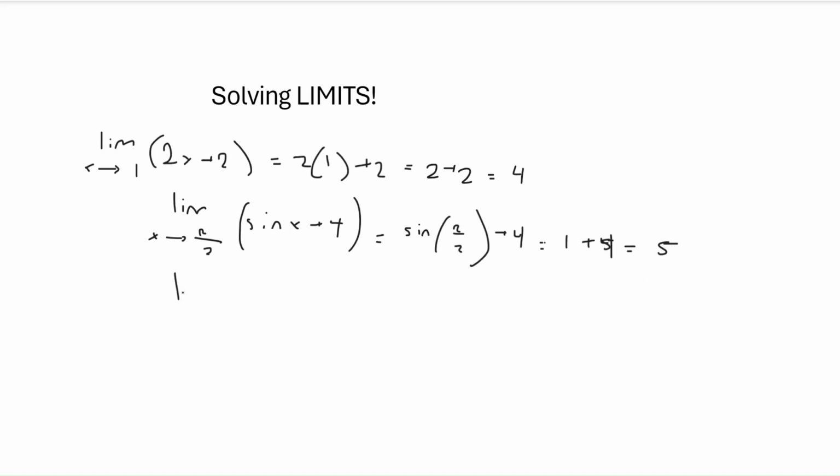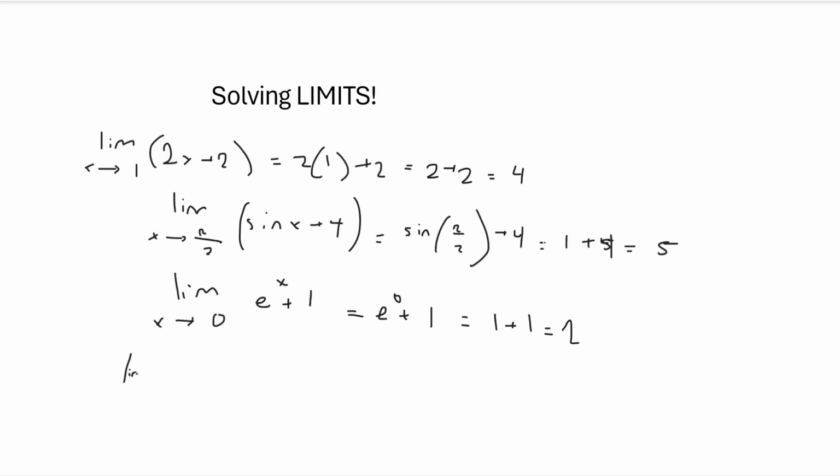And instead of trig or algebra, we could utilize e's, for example, exponents. What if we had e to the x plus 1, as x approaches 0? So e to the 0 power plus 1. We know that e to the 0 is 1, so 1 plus 1 equals 2. We also don't have to have just a standard number at the end.